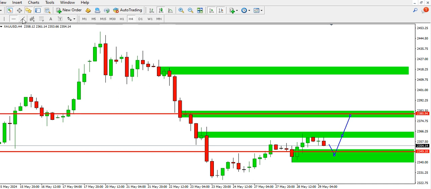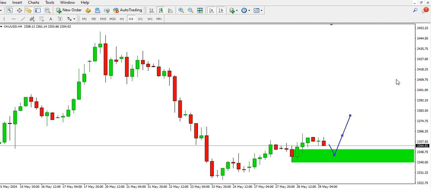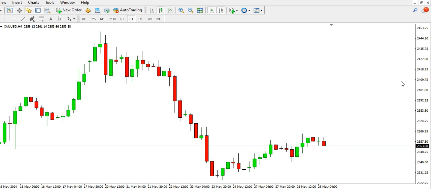Of course, if price finds resistance at that level, we might see a drop to test this resistance, which becomes support, and then we might likely see price go up to test this next order block. That's if the bulls are successful at stopping this bearish flag from happening. But only time will tell which direction price is going to go.